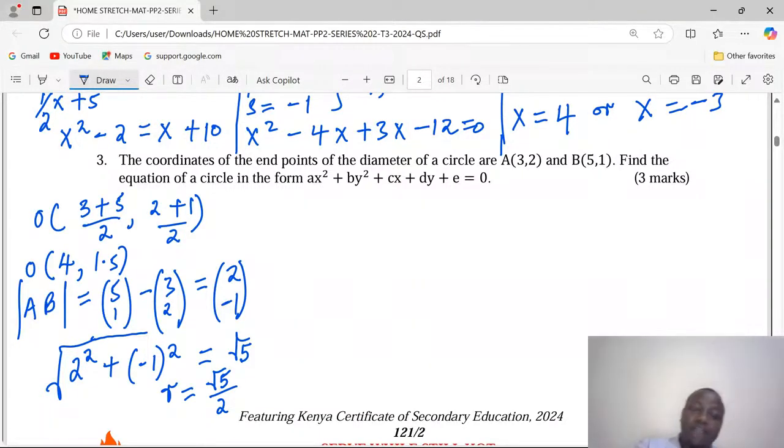Generally, the equation of a circle is given by (x minus a) squared plus (y minus b) squared equals r squared. Now, from what we have, we should know that AB is the center of the circle.